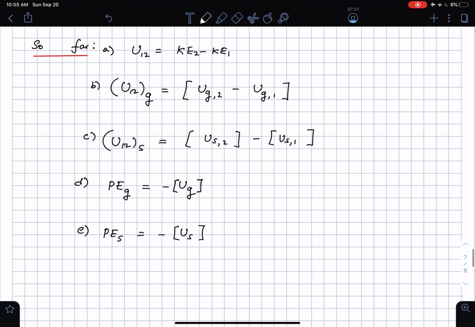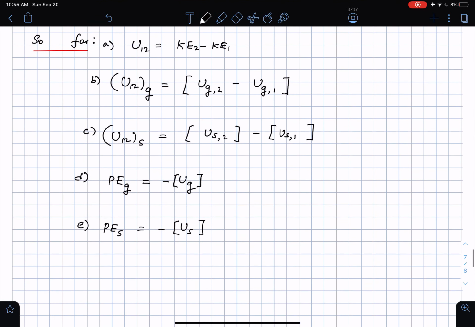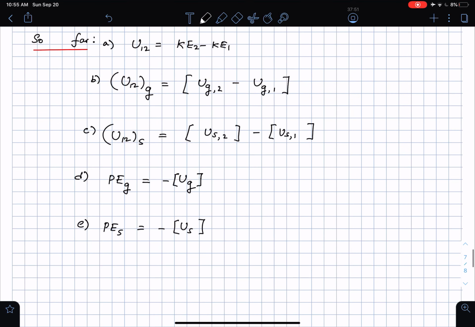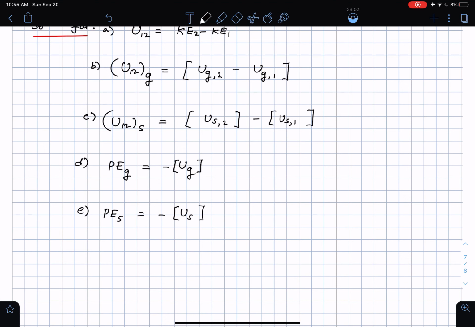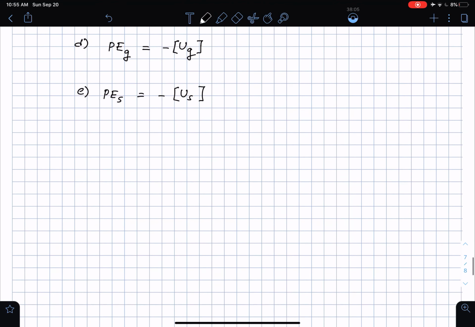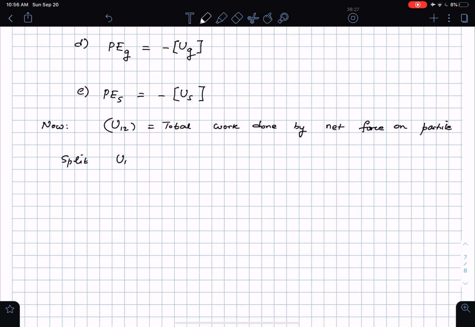Now comes the clincher. With all these terms defined: U12 is the total work done, U12 G is the work done by the force of gravity, U12 spring is the work done by the force of the spring, PE is potential energy, KE is kinetic energy. I can now say that U12, which is the total work done by the net force on the particle, we will split into three pieces.